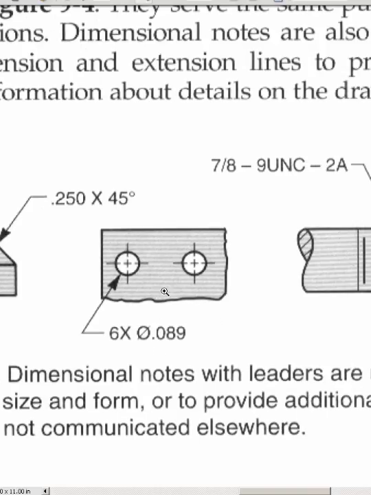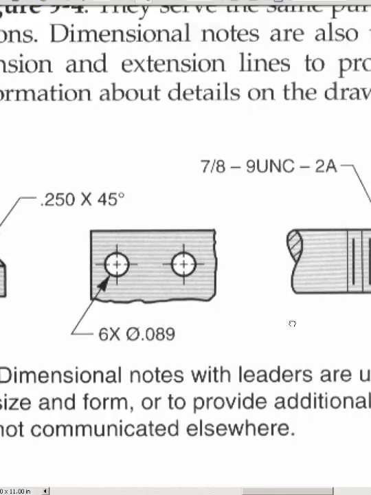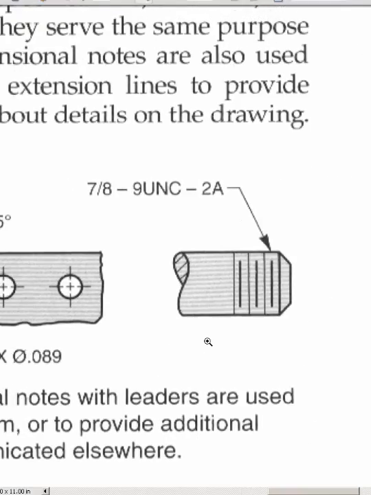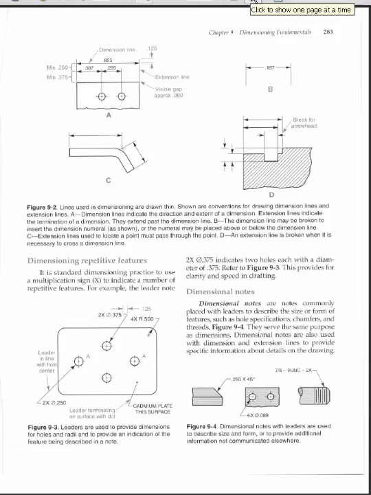We have a dimensional note used to identify the circular holes, which can also be interpreted as a dimension itself. And then we have a note that is used for thread calls, 7/8 thread, 9 UNC, and 2A. And this is also a dimensional note, and is done very quickly and easily with most CAD packages with the leader command.